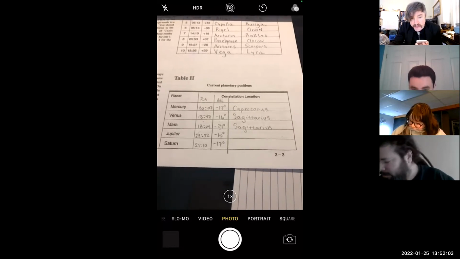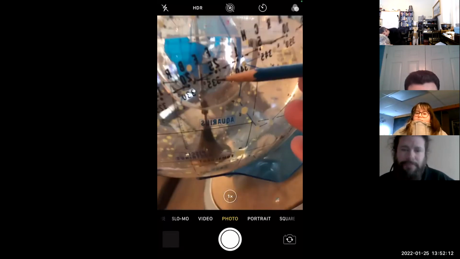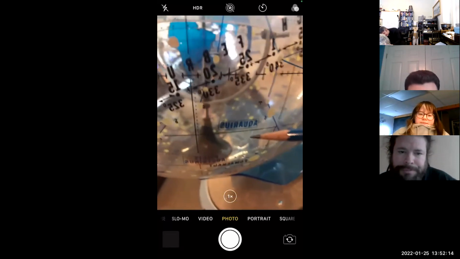Jupiter is 22:32 and minus 10. So 22:32, minus 10 puts us in Aquarius.